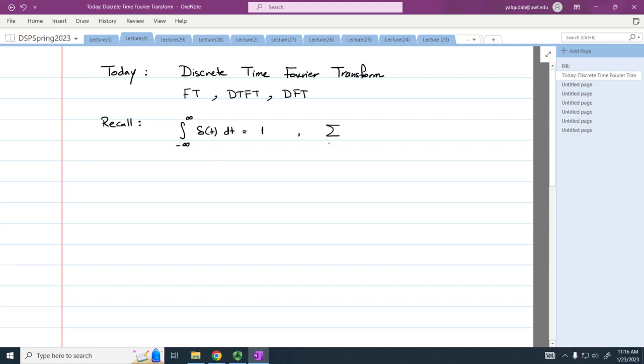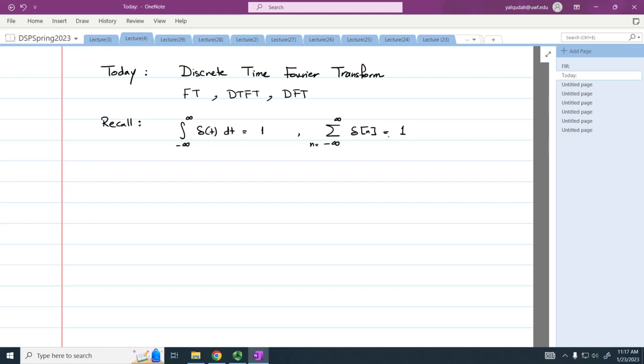Similarly, if I take the summation from negative infinity to infinity of delta of n, what is this going to equal to? 1. I have just an impulse when n is equal to 0, and therefore the summation is just that impulse, which is equal to 1.